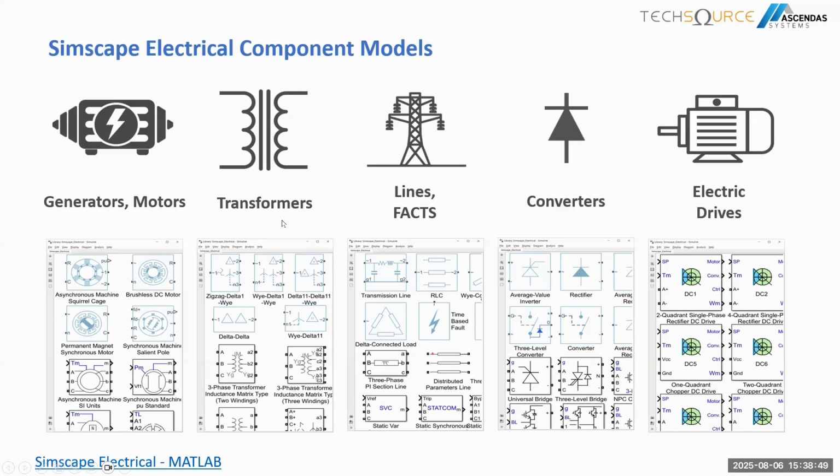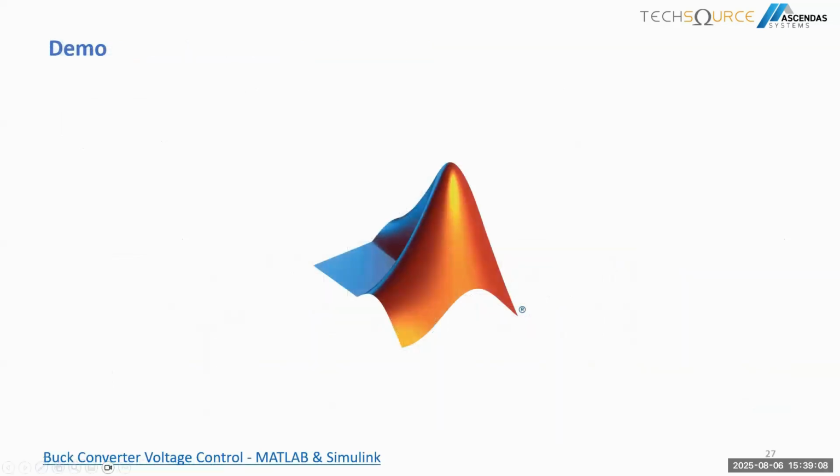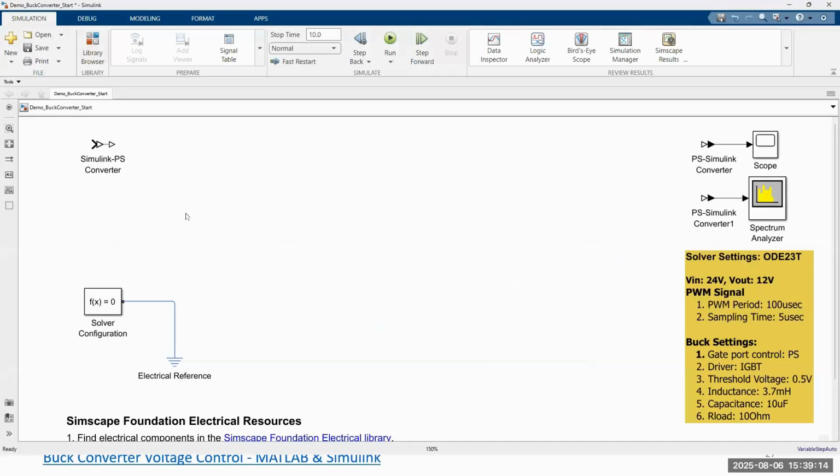There's a special library for this kind of system in Simscape Electrical: power lines and FACTS, definitely the converters that we are talking about today, and then electrical drives for your systems. So let me give a short demo of how we can use Simscape Electrical.